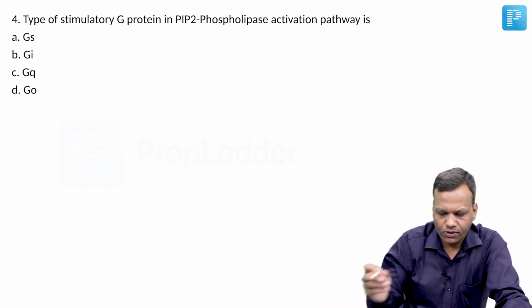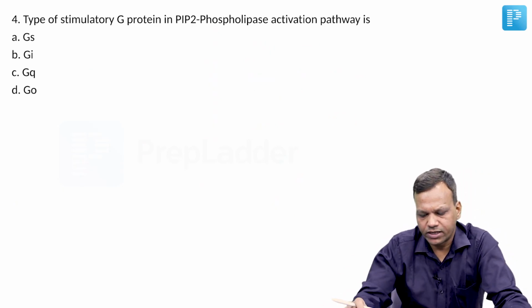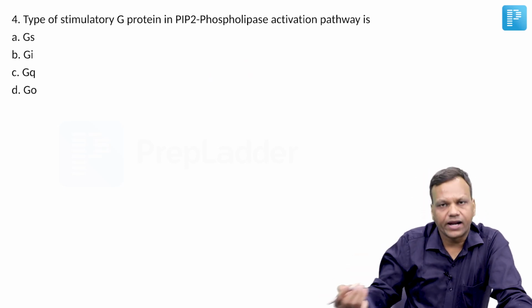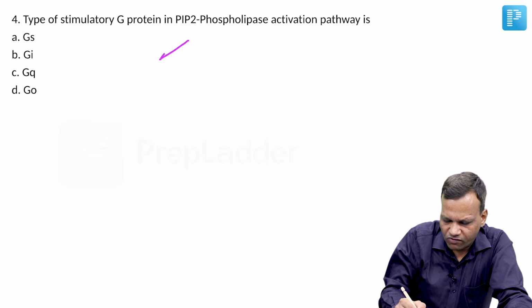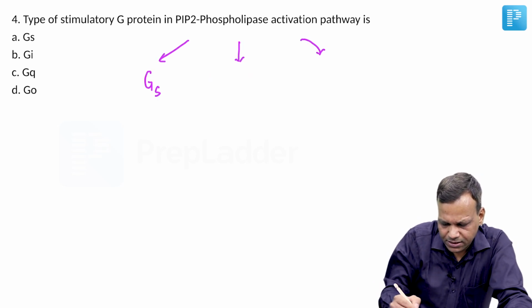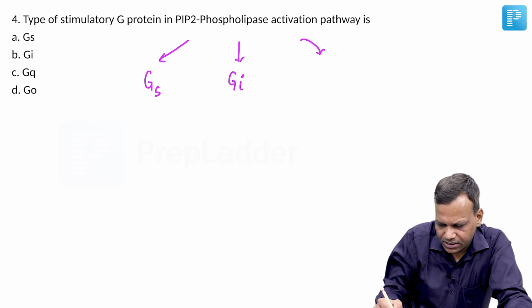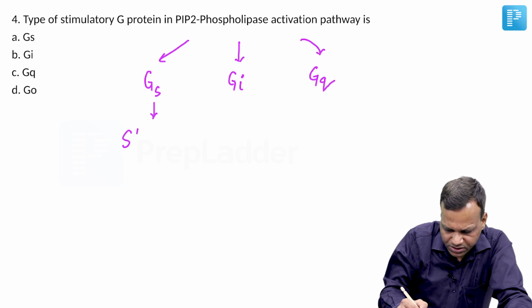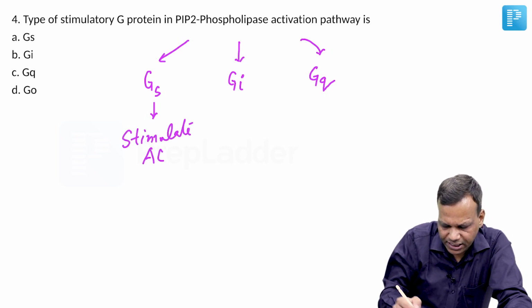Moving to next question. Type of stimulatory G protein in the PIP2 phospholipase activation pathway. So we discussed in our lectures also, we have mainly 3 types of G proteins. One is Gs, second is Gi, and third is Gq. Gs, S means stimulate, it will stimulate the adenylate cyclase enzyme.